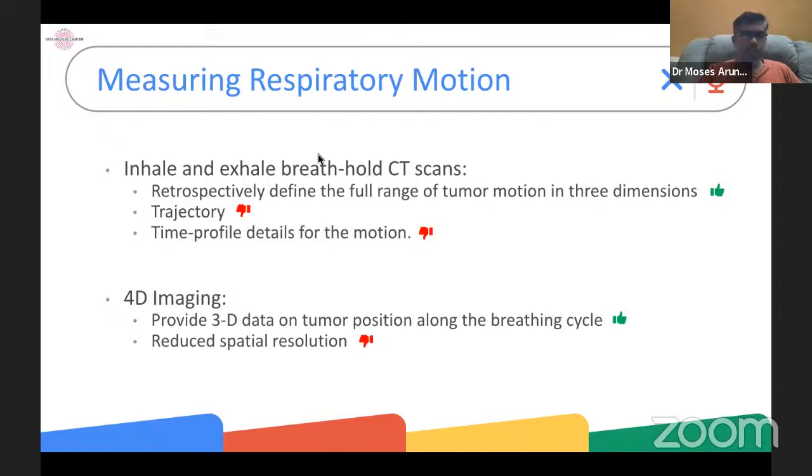Finally, 4D CT scans is where you are actually correlating each of the images to the position of the respiratory cycle at which the image was taken. So you get a full range of the tumor motion throughout the respiratory cycle in relation to all the other organs. But because the tumor is moving, there is going to be some blurring, and that leads to some reduced spatial resolution.